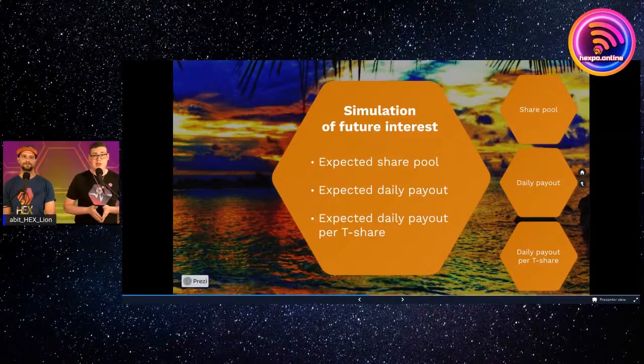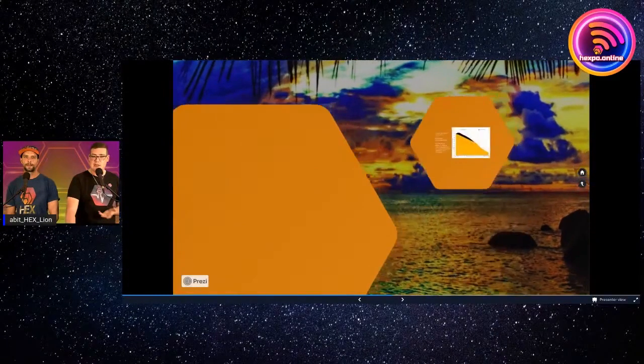We needed to expect the share pool total of the next 15 years, and we needed to expect the daily payout total of the next 15 years as well. We already did that in the past, and we did that again, and from there we can calculate the expected daily payout per T-share.